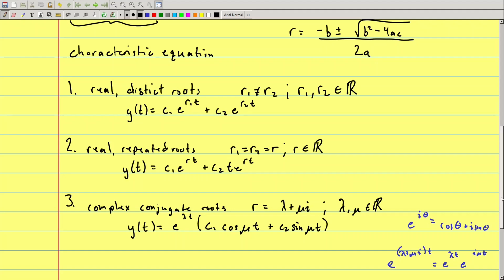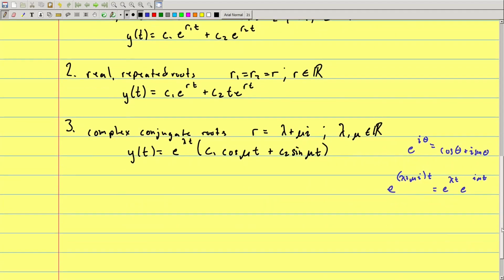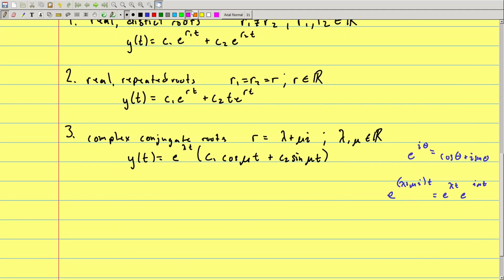And as a reminder, the actual expression that we get from doing this looks like e to the lambda t cosine mu t plus i sine mu t and e to the lambda t cosine mu t minus i sine mu t. Those would be the two expressions we get, right?